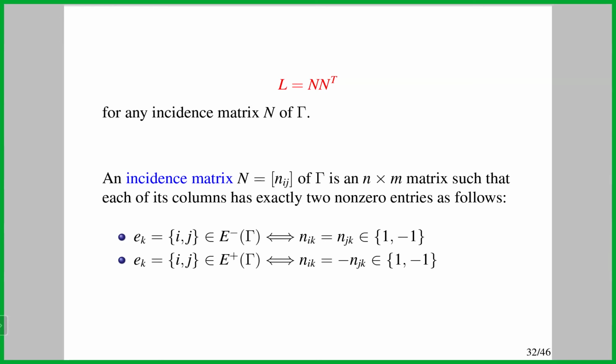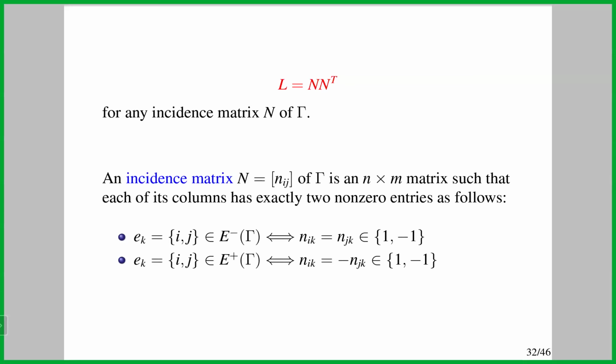If you have n vertices and m edges, the incidence matrix is an n by m matrix, same as the old case. The rows are indexed by vertices, columns are indexed by edges, and each column has exactly two non-zero entries, either 1 or -1.